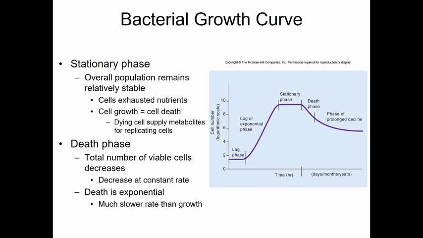The death phase, the total viable number of cells declines and death kind of keeps going from there. Now, this is when you've got no new input of nutrients, not a lot of extra stuff coming back. If you do have nutrients coming in, it depends on how fast they're dividing as to how well this is going to be sustained or maintained by the population.